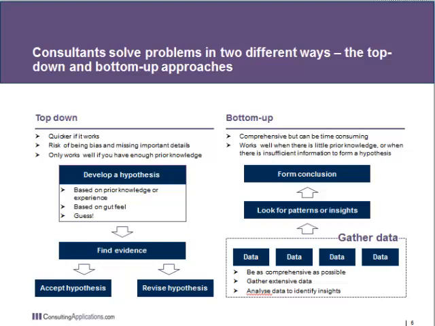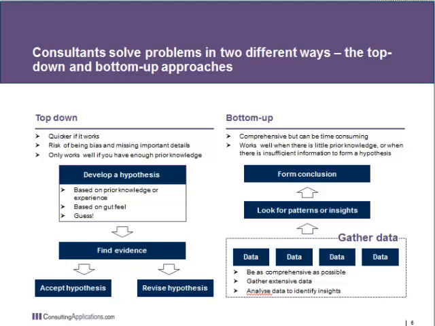And then from all this data, you try to form some insights or look for patterns. And then once you find anything interesting, that's essentially your conclusion. So this is a much slower method, but it has the advantage of not being as biased as the top-down approach.